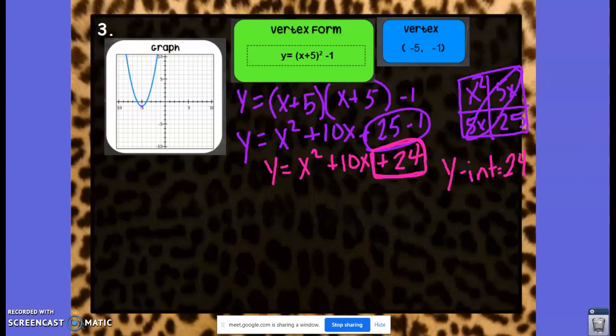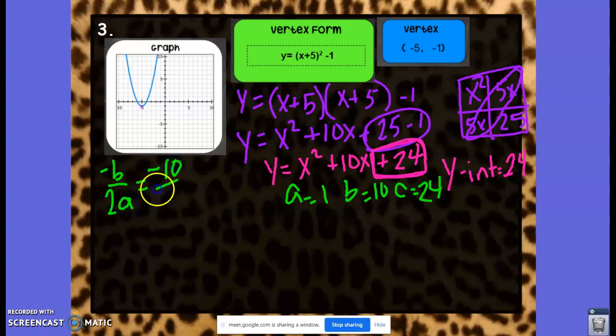So now we're going to use A, B, and C, and we are going to find our axis of symmetry. Okay, so our axis of symmetry formula is the opposite of B over 2A, which in this case is the opposite of 10 divided by 2 times 1.